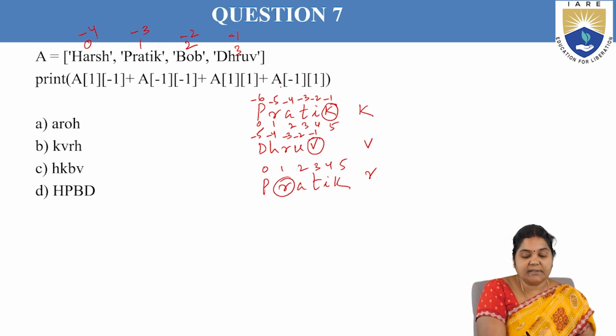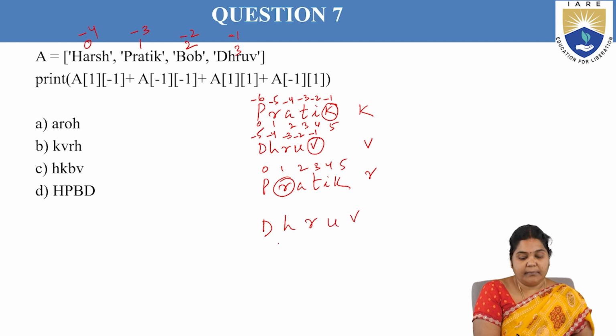Now the last one is A of minus 1 of 1. Minus 1 means which word? We have to consider Dhruv. In this Dhruv we have index number 0, 1, 2, 3, 4 and it is talking about the first index.